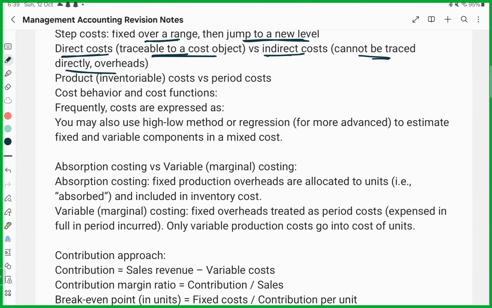Indirect cost is something that cannot be traced even at the unit level. Traceable means at the unit level it can be traced. Direct cost is traceable. If we are manufacturing the product, we are incurring 15 rupees for manufacturing that particular product. That is the direct cost, which can be easily traced alongside the product.